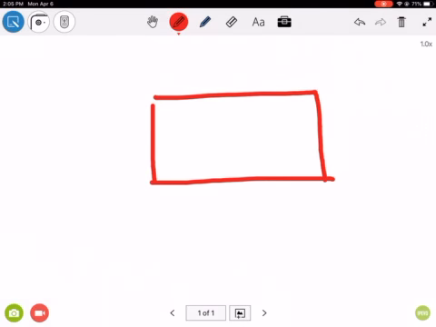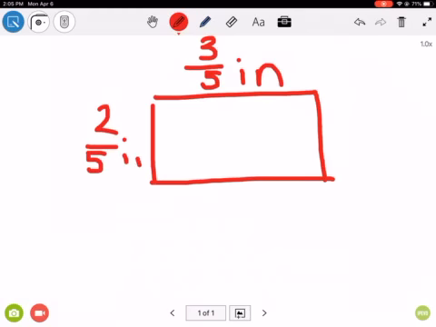And actually, let's do 3/5 inches. And my width is going to be 2/5 inches. Okay, so my formula is length times width.